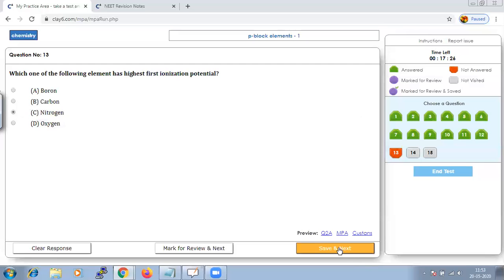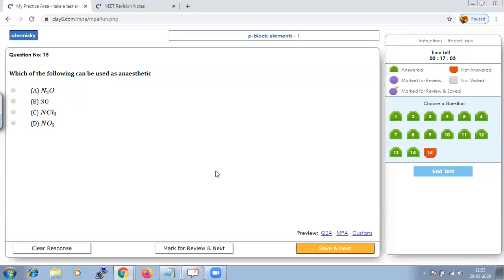Let us save that and go to next. Quartz is a crystalline variety of, it's a well-known fact, silica. So let us save that and go to next.